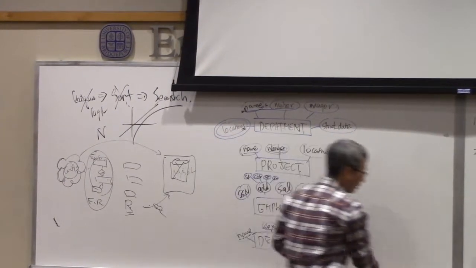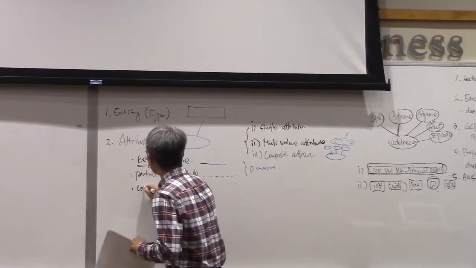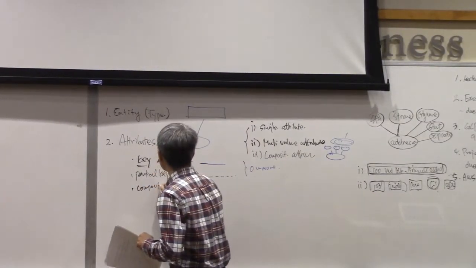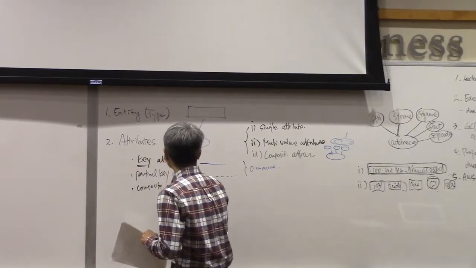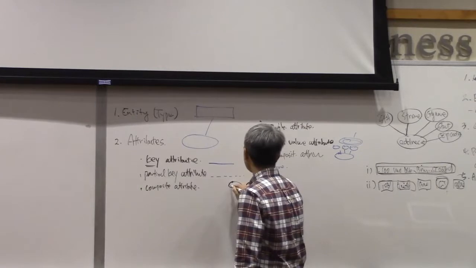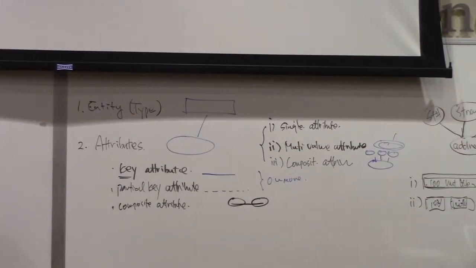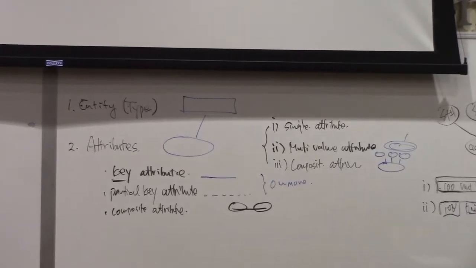That is called a composite attribute. So a composite attribute is like a connected line. So key attribute is different from composite attribute.